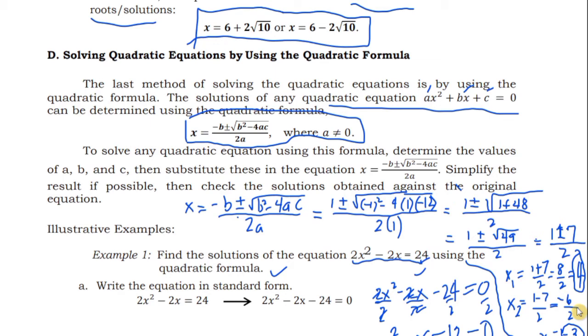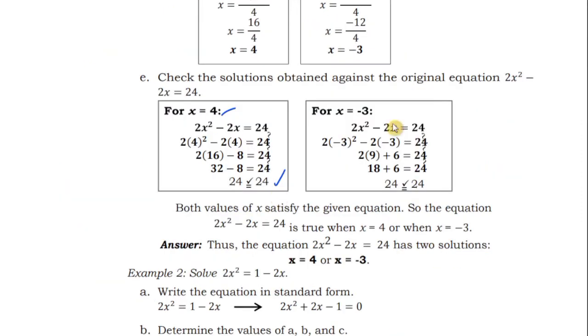Then 2 times 4 is 8, so minus 8. 32 minus 8 is 24, which matches the 24 on the right side. So x equal to 4 is really a value of x in our equation.